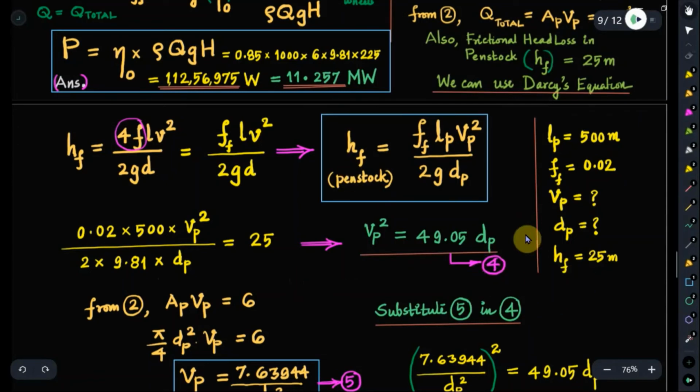When we substitute all these available values in this equation, we get an expression like this: Vp square is equal to 49.05 times the diameter of the penstock pipe, because Vp square and Dp are the unknowns in this equation.